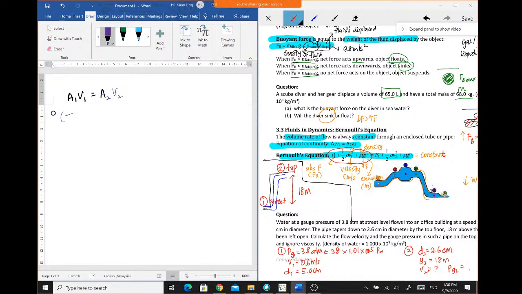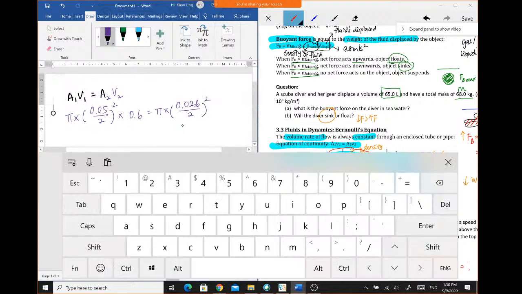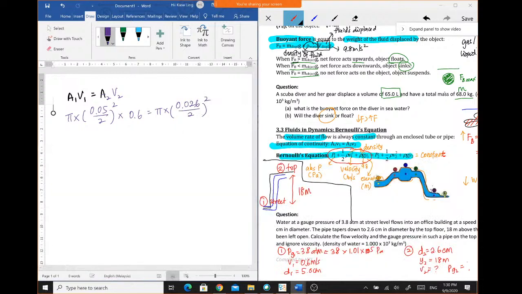You are given the diameter, so convert diameter to radius. 5 centimeter in SI unit is 0.05, divided by 2, squared, times V1, which is 0.6, equals pi times diameter 2, which is 2.6 centimeters, so convert to meter, 0.026, times V2.